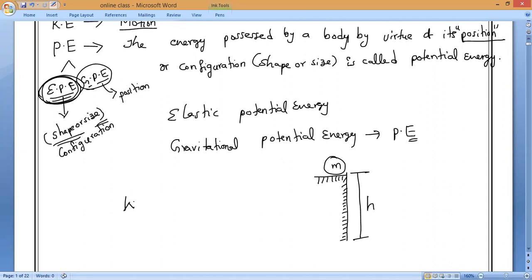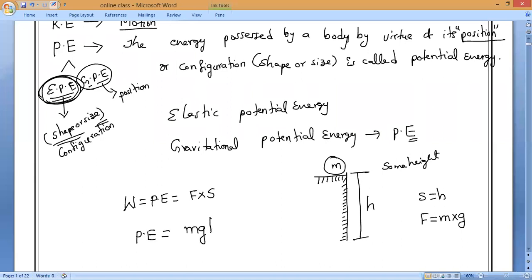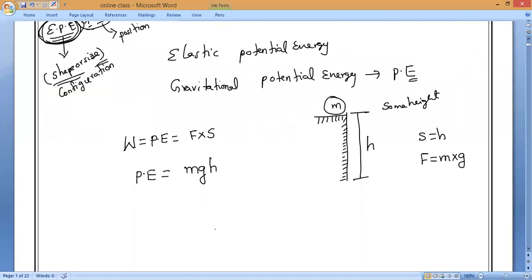Work done by the body equals the energy possessed by the body, which equals force into displacement. As we are working against gravity, S equals h and F equals mass into acceleration due to gravity. So the potential energy of a body at some height is mgh.